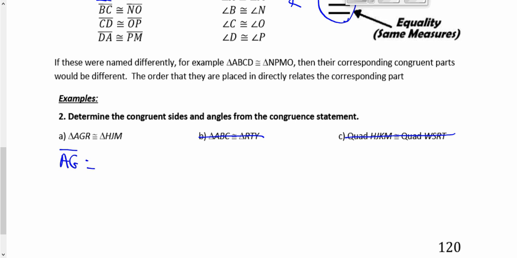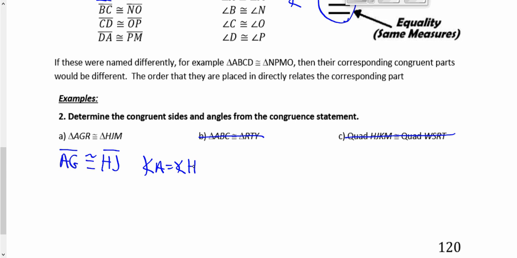AG is congruent to what? Segment HJ, etc. It'll be three more. Then over here in this column, you'll do angle A, with the angle symbol in front of it, is congruent to angle what? H. I want you to finish these out, top to bottom, right now, on your own, okay?